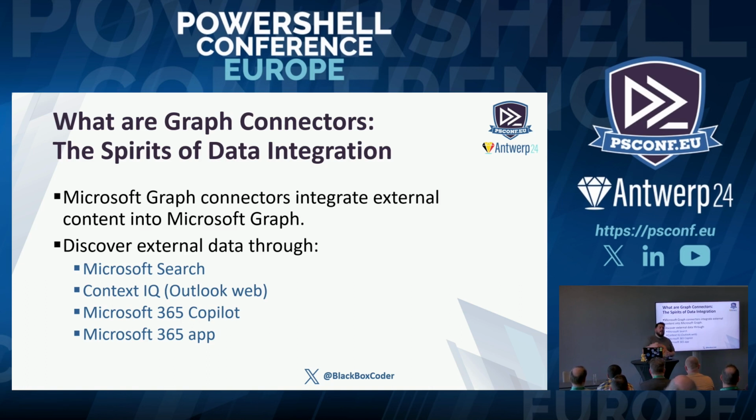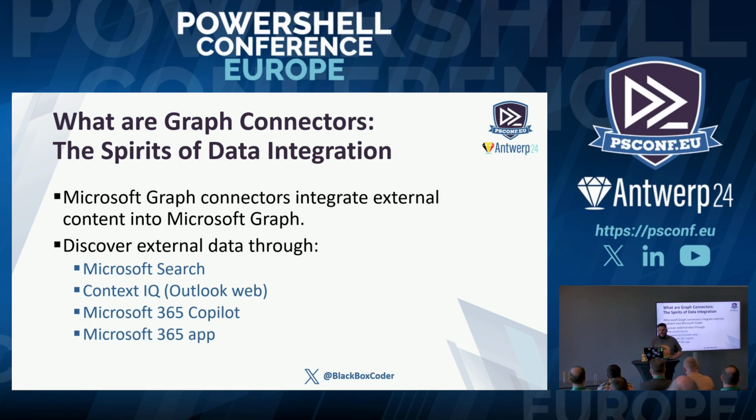But with Microsoft Graph Connectors, you have the ability to take just a little bit of your data, put it into the cloud, and then receive it via Microsoft Search, Context IQ Search, or the web host previously called Microsoft 365 Copilot, and the Microsoft 365 apps, which is what they're called nowadays, before it was just Office apps like Outlook and so on.